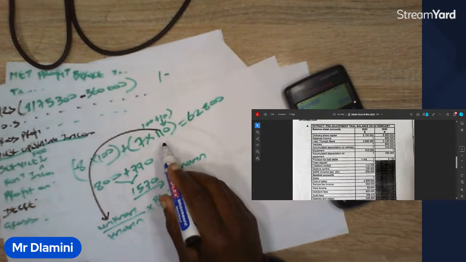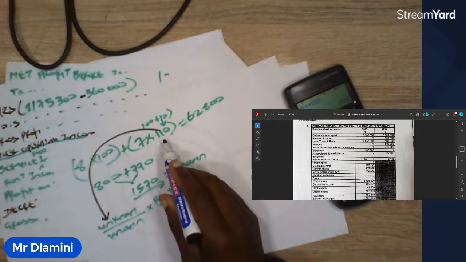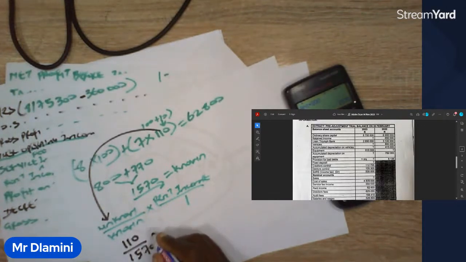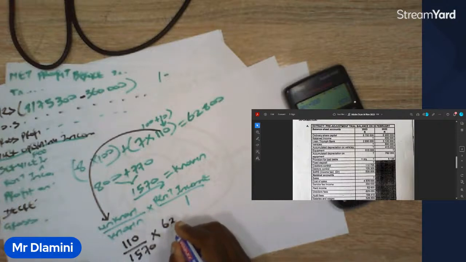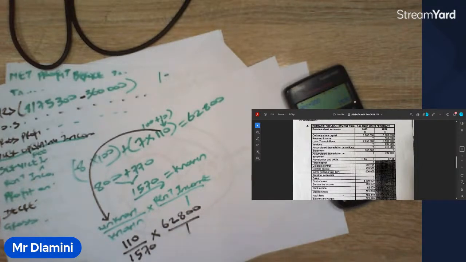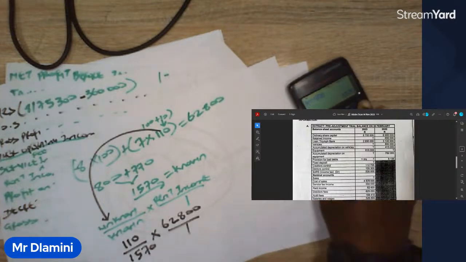If the rent was increasing by 5%, here we'll have 105. If the rent was increasing by 3%, here we'll have 103. So this is unknown, right? 110 divided by known, that is 1570, times the rent income 62,800 over 1. Then you use your calculator.